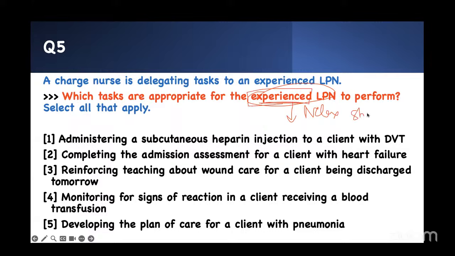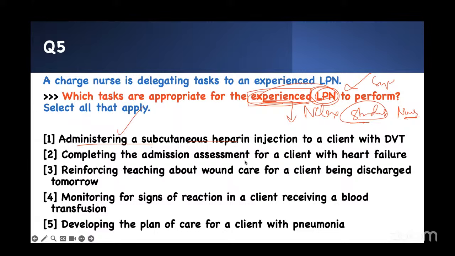Or if they use the words student nurse, they're still a student. A nurse with experience is still an LPN, so their scope of practice does not change just because they have experience. And that's the key. Therefore, giving a subcutaneous heparin injection is fine, it's not a high-risk medication.